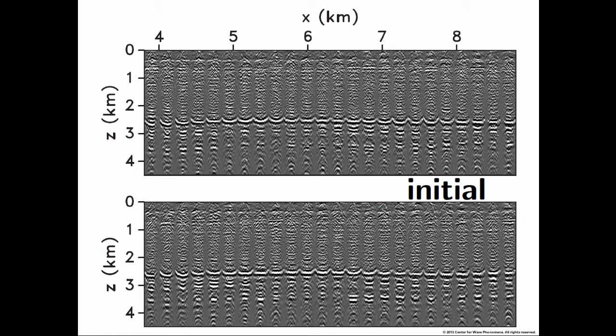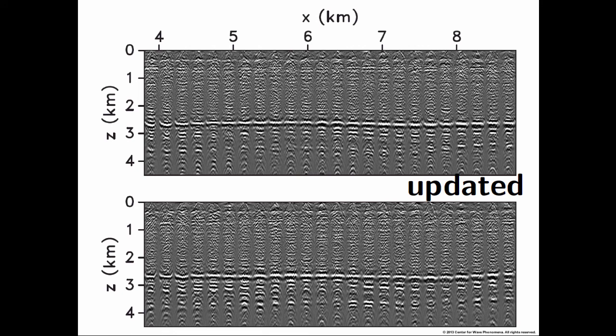So notice that in this case, the event around 2.8 kilometers in depth shows residual moveout corresponding to the initial model. But if we construct the gathers in the same position using the updated model, we see that now the events become flat after the inversion. So let me compare again, before and after.